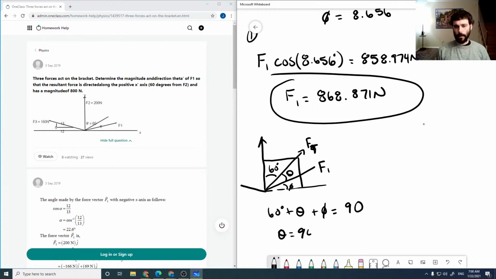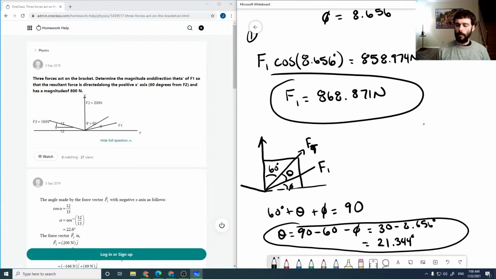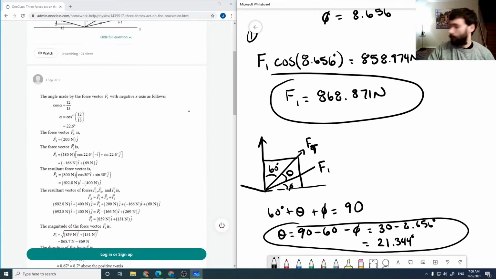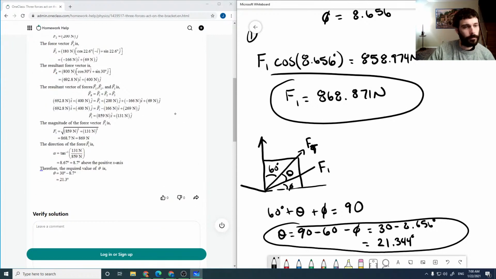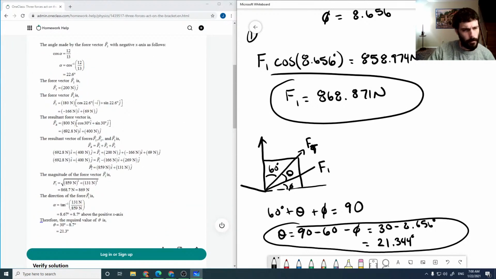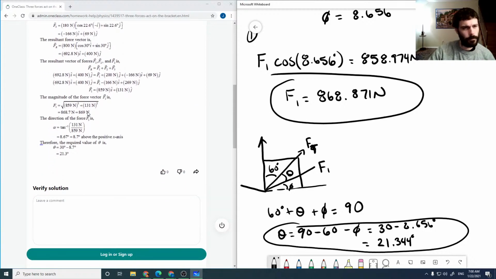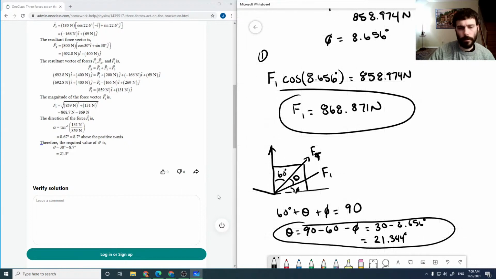So then theta is 90 minus 60 minus phi, which is 30 minus this 8.656, which comes out to be 21.344 degrees. And so there's the F1 and the angle they were looking for. So about 869, and the angle is about 21.3. So that looks good.